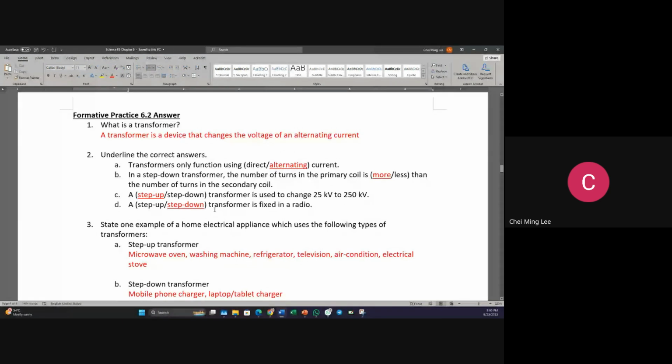A step-down transformer is fitted in a radio because a radio only uses a small voltage. So you need a step-down transformer to turn down the value. Okay. So far correct.